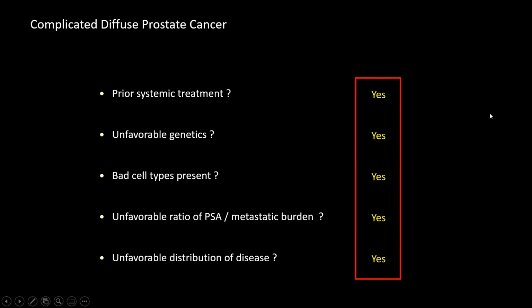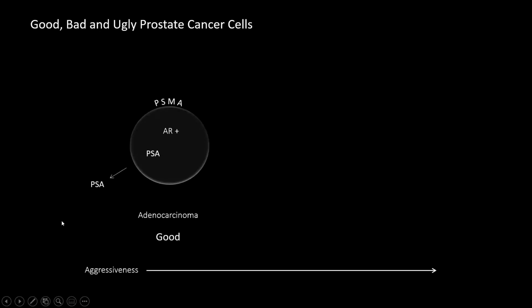I'm going to talk about unfavorable factors for a while because they're all related to each other. So we're going to talk about that a little bit because all of these subjects are interrelated. When you talk about prostate cancer, it is not one cell. I already pointed out it's very heterogeneous. And even when you look at the best form of prostate cancer, adenocarcinoma, it is also heterogeneous.